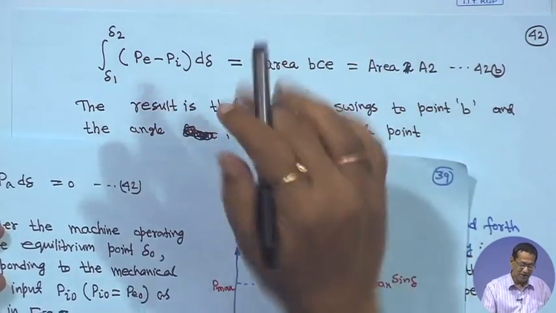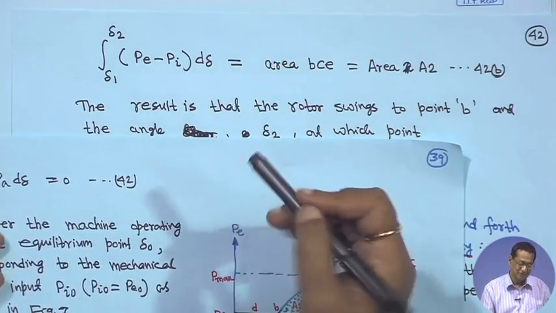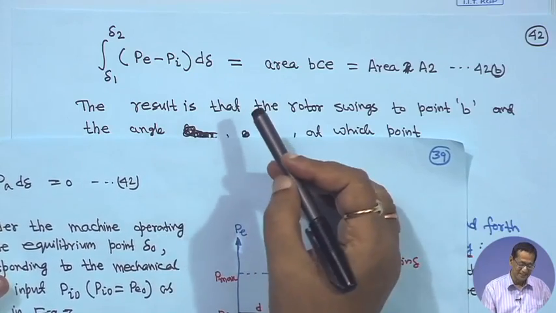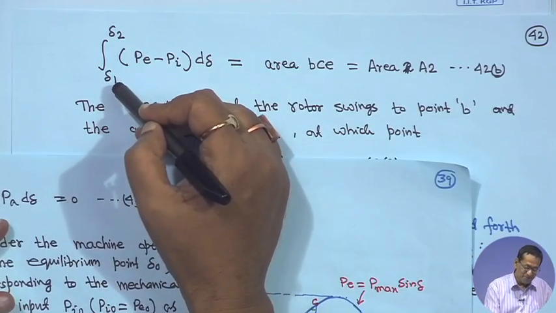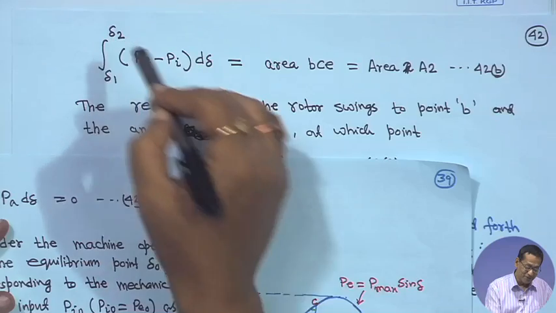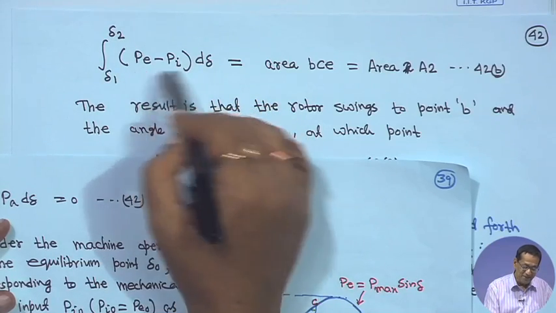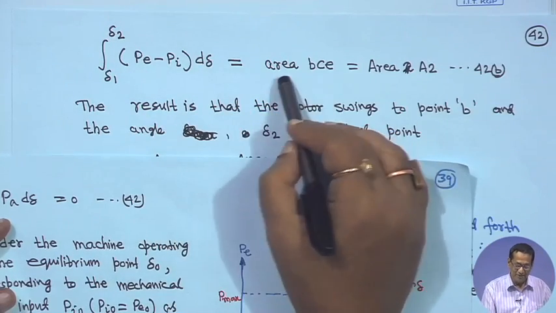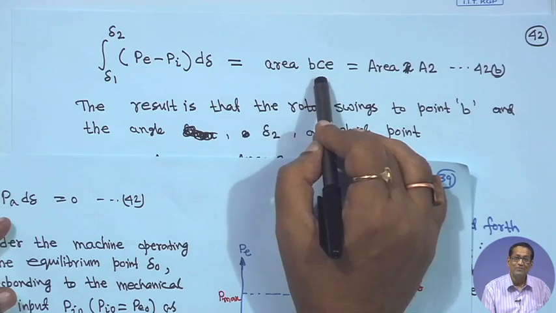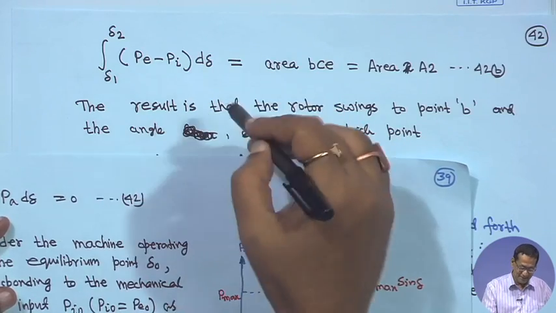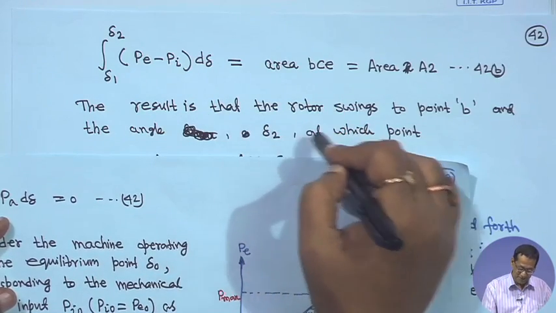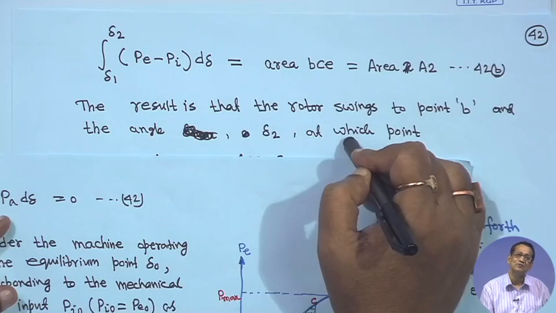In some books you can also find the decelerating energy written as the integration from delta 1 to delta 2 of P I minus P d delta, which means the area will become negative. After that they take the absolute of area 1 equal to the absolute of area 2, which is also true.